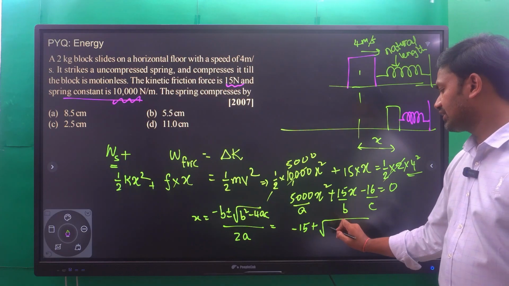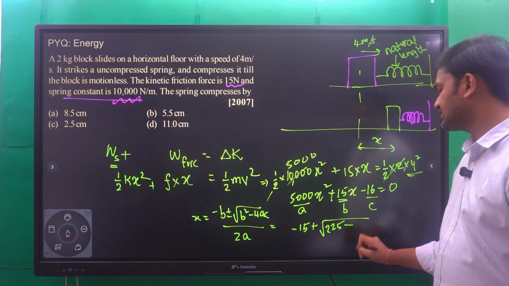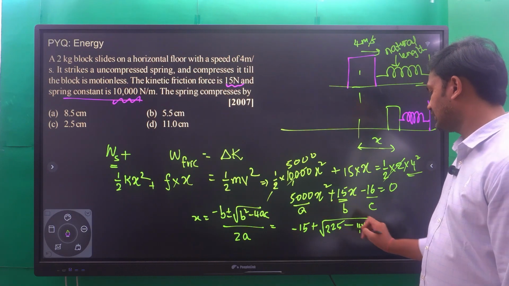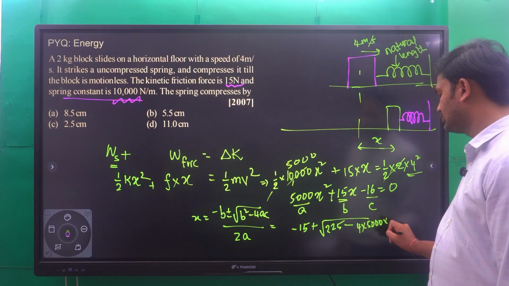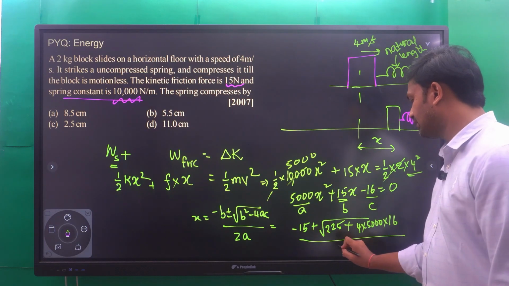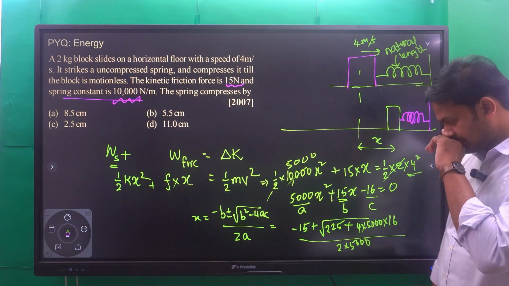So minus 15 plus root of b square, 15 square, 225, minus 4 into a, 5,000, into c, minus 16, minus into minus plus, by 2 into 5,000. Understood?